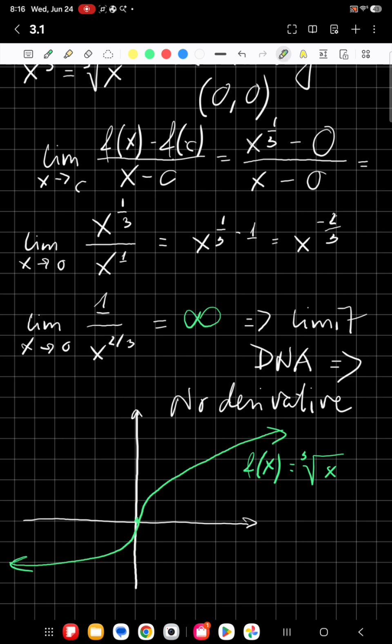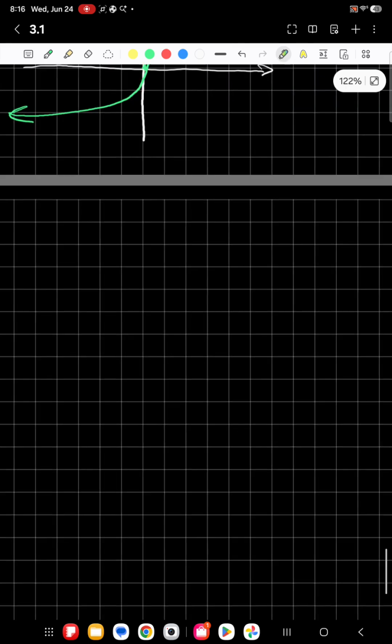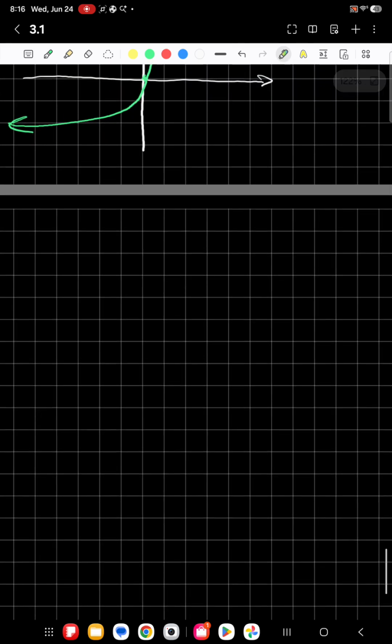Okay, so that's that. Let me write a little note. So note: if a function is differentiable at some point, that means that it's continuous at that point.